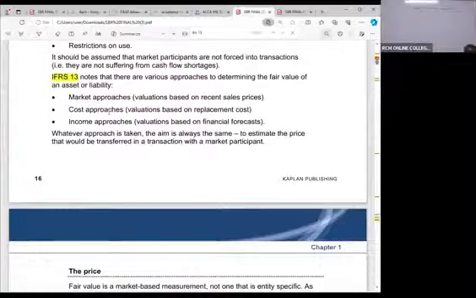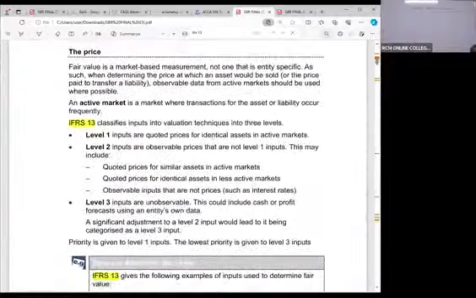You could make use of the market approach, or you do costing, or you look at the incomes and then discount them. For whatever approach is taken, the aim is always the same: to estimate the price that will be transferred in a transaction with a market participant.